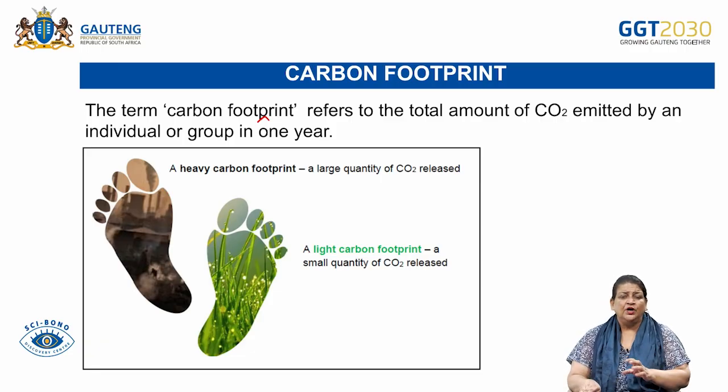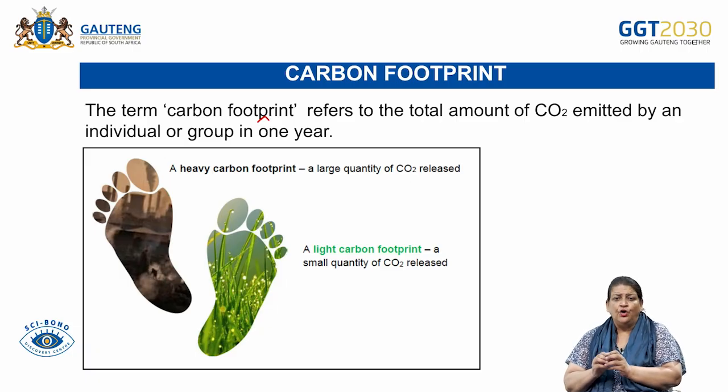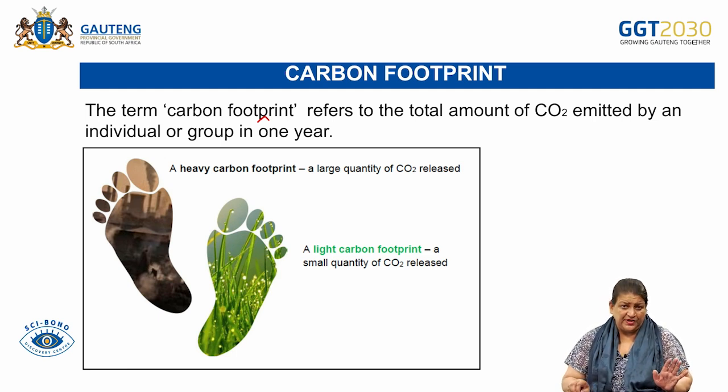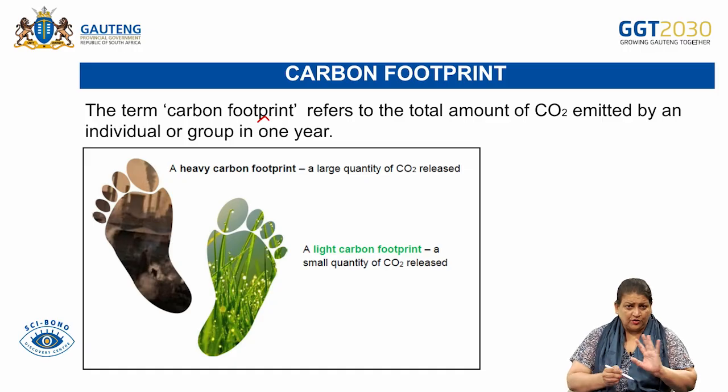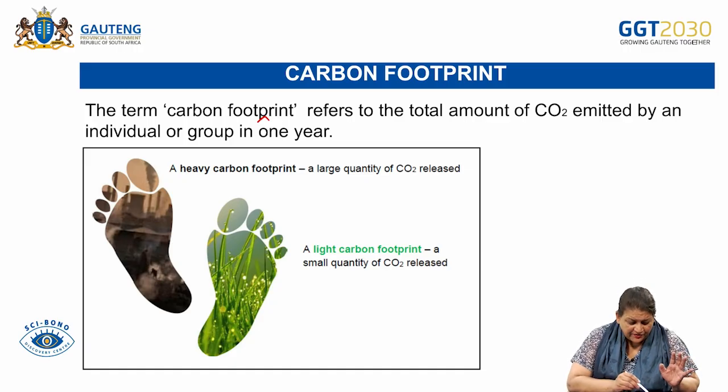So that means you're not depending on wood to burn a fire, you're not depending on coal from Eskom to have electricity. You are using nature without causing destruction to the atmosphere, you're not causing global warming. Then you have a very green carbon footprint, a light carbon footprint.